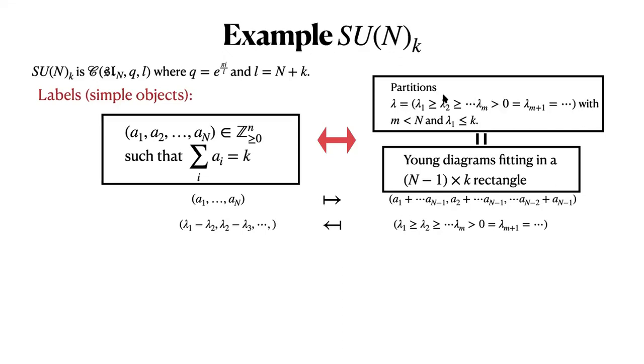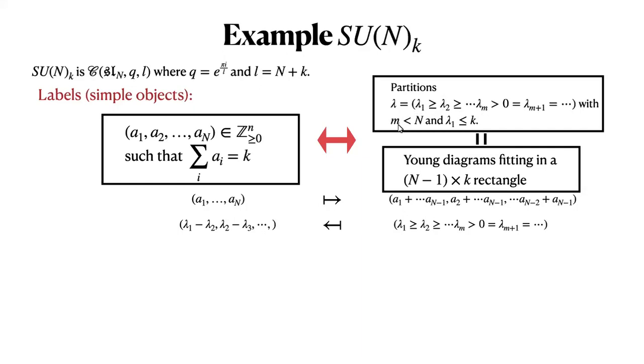And if you have a partition, you need some conditions here. This is a partition, so you have here a decreasing sequence, and here you have really m numbers different from 0.